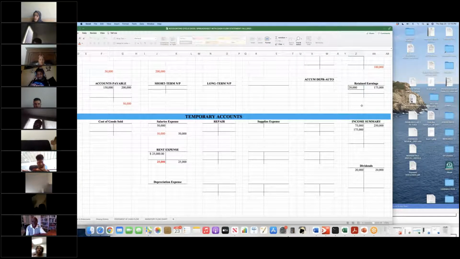So you see, we try to keep this permanent account, retained earnings, relatively clean. The only thing that we want to see in that account are earnings and losses and dividends. So what's our balance in the retained earnings account now? How much is in this account? 155.